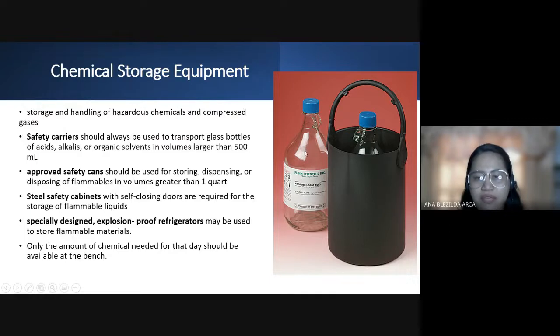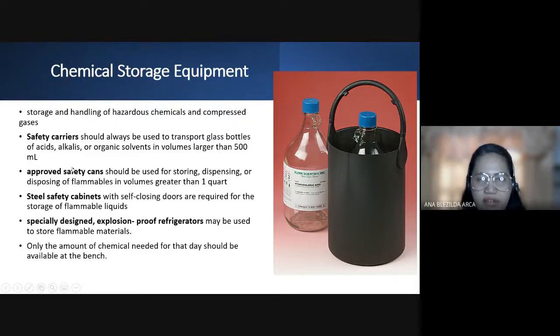Ikaw ang unang-unang matatapunan ng acid. Kaya nga, whenever you are transporting acid, dapat nakalagay siya sa safety carrier. Okay? So, safety carrier should always be used to transport glass bottles of acids, alkalis, or organic solvent in volumes larger than 500 ml. Tulad na ng example natin, di ba?